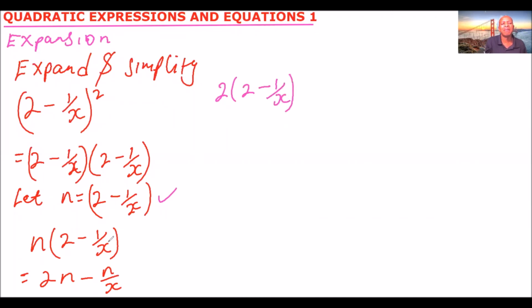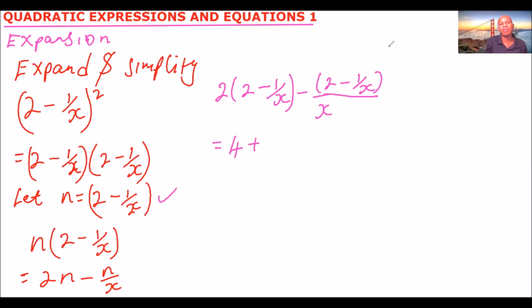And then we have, again, 1 over x. We replace our n with, or we still can just write it like the same fraction, that is, we substitute our n, which is 2 minus 1 over x. So I can still write it like that. And when you open the bracket, 2 times 2 will be 4.